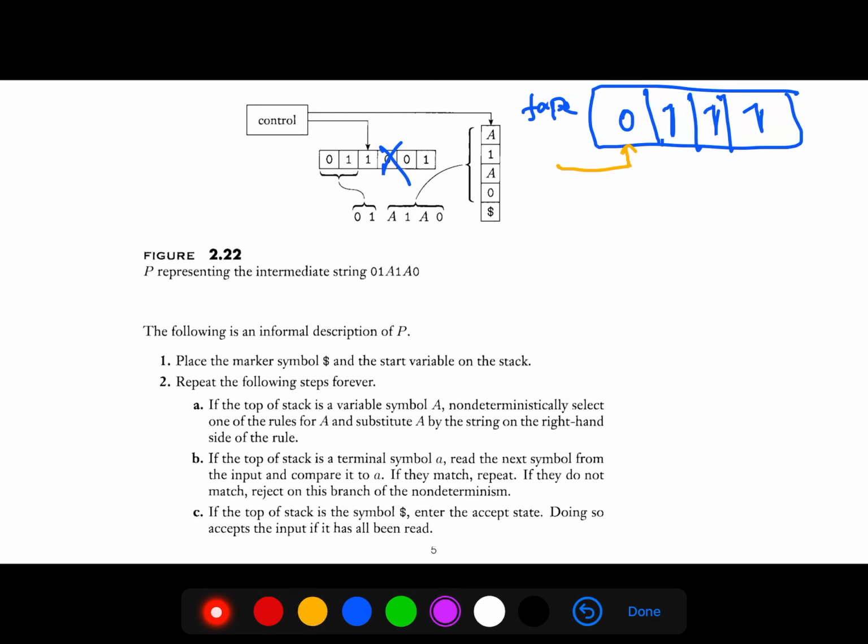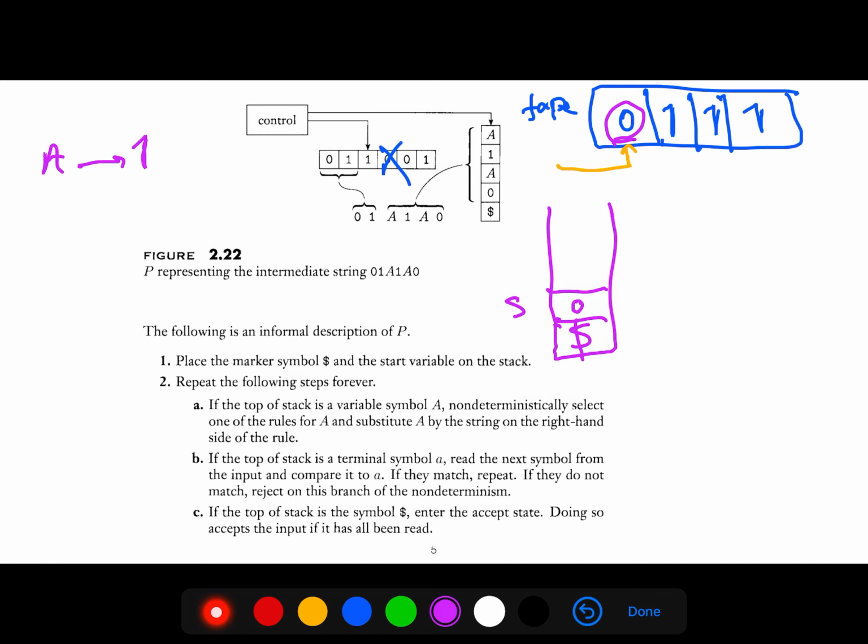And our stack at the beginning, as I said, we have $ sign, we put $ sign to see that there is nothing there. And then our start symbol, for example, I start with symbol 0, because I want to see if this string is recognized, and I know the start is 0. And then I know some rules. For example, I know only 2 rules. For example, A could go to 1.